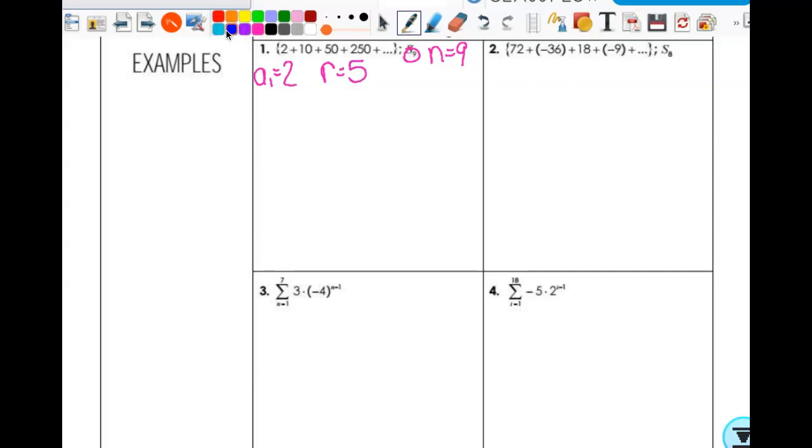So then we substitute it in. I want the sum of those 9 terms. That's equal to 2 times 1 minus 5 to the 9th power over 1 minus 5. Go ahead and type that in, and I will choose somebody to tell me the answer.